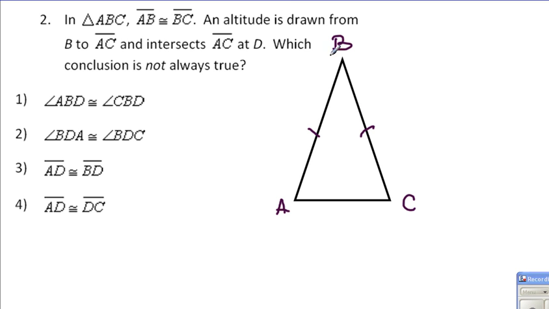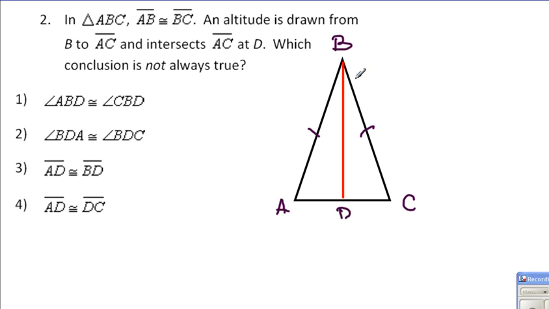The altitude is drawn from B to AC. I just use this line, and then we call that point D. Okay, not always true.